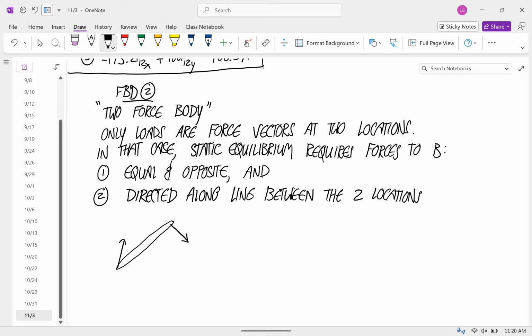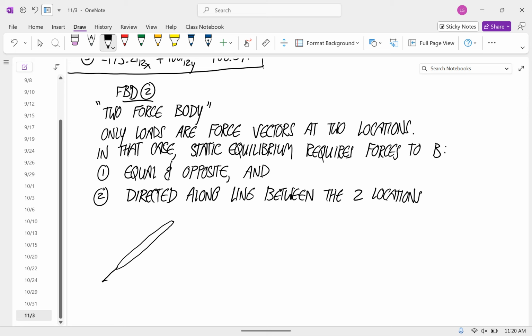So in order for it not to accelerate, these two forces would have to be equal and opposite. Okay. So now the center of mass is not accelerating, but you can clearly see that that thing would spin. And so there's only two possible ways that this thing wouldn't accelerate and wouldn't spin.